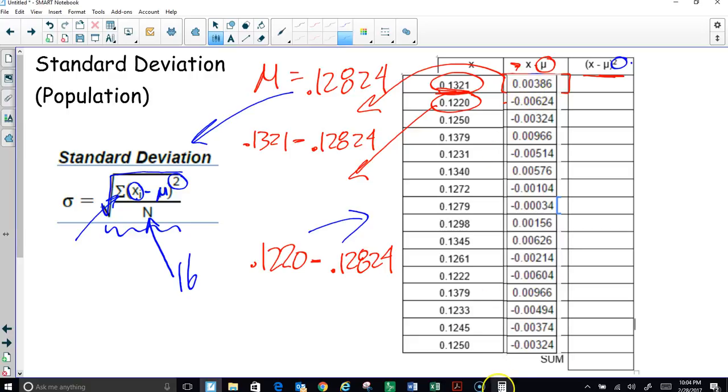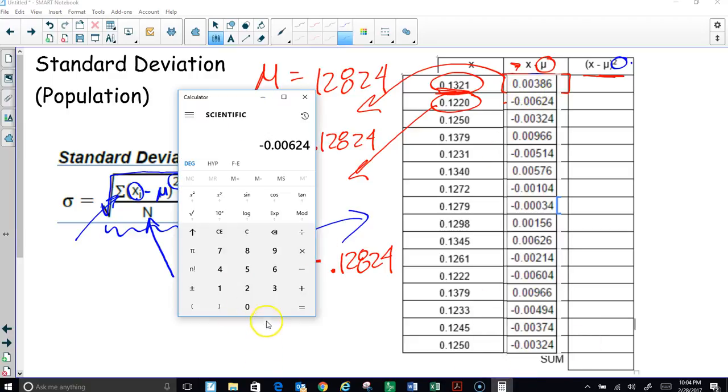I'm going to get my calculator out, and I'm going to type in 0.00386, and I'm going to square it. And since it's a number less than 1, that answer will be even smaller when I'm done. See? It's going to be tricky putting this all in there, but we can do this. How many zeros? 4 zeros.